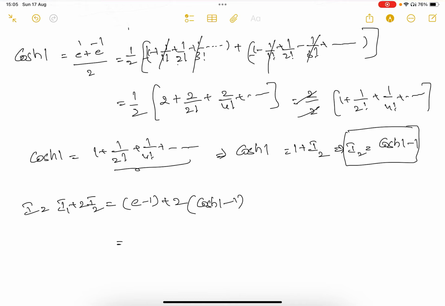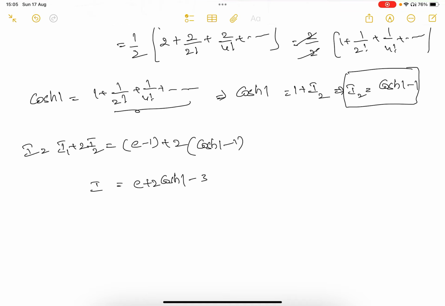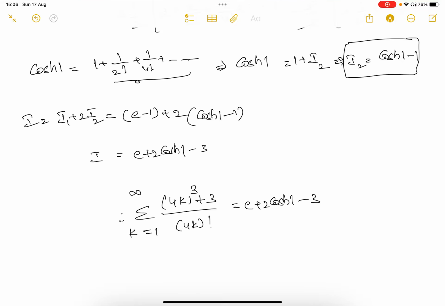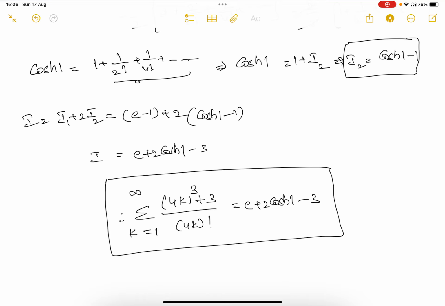So let's expand this. e plus 2 cosh 1, there is minus 1 minus 2, which is minus 3. So I is e plus 2 cosh 1 minus 3. The final result is summation k equal to 1 to infinity of (4k)^3 plus 3 by (4k) factorial equal to e plus 2 cosh 1 minus 3. This is the final solution.